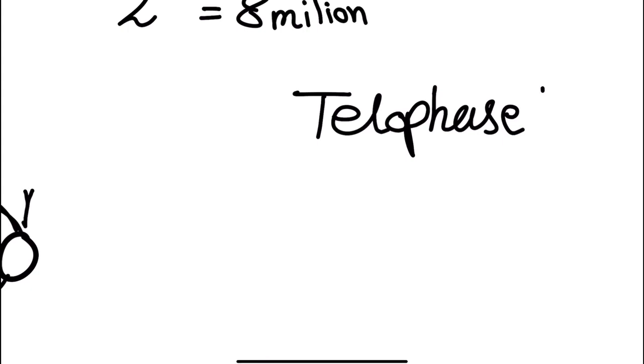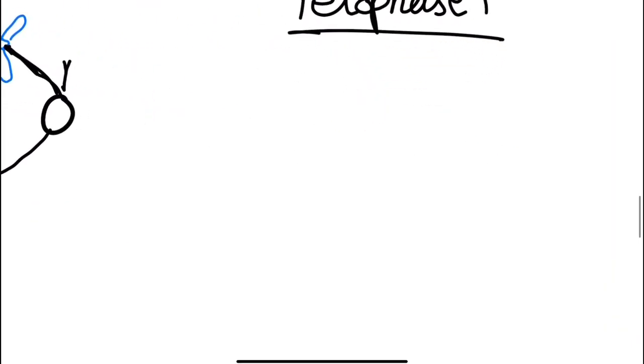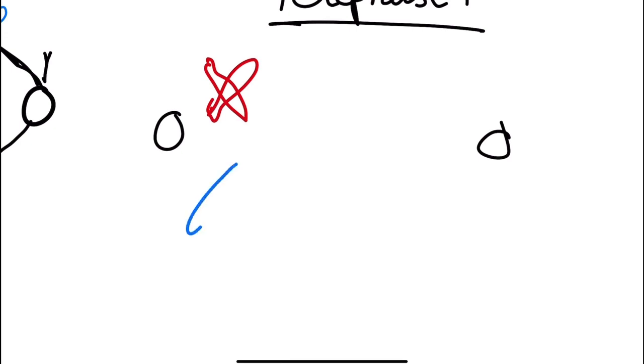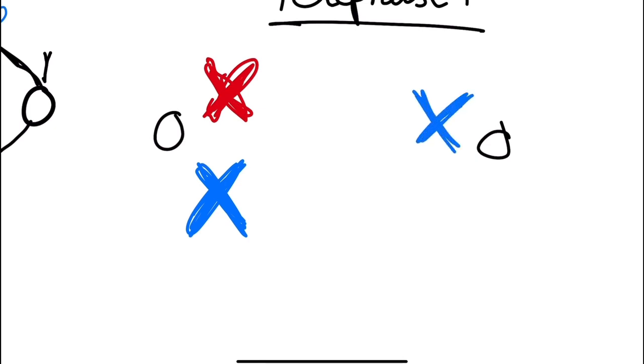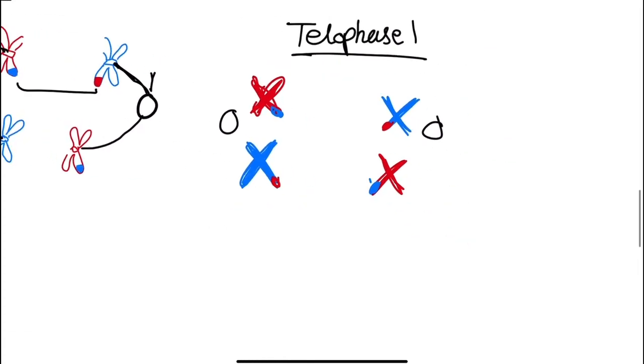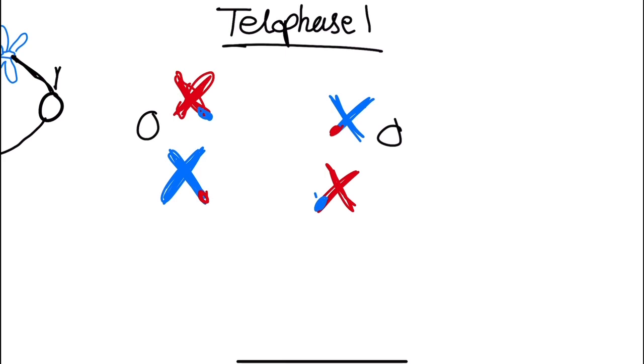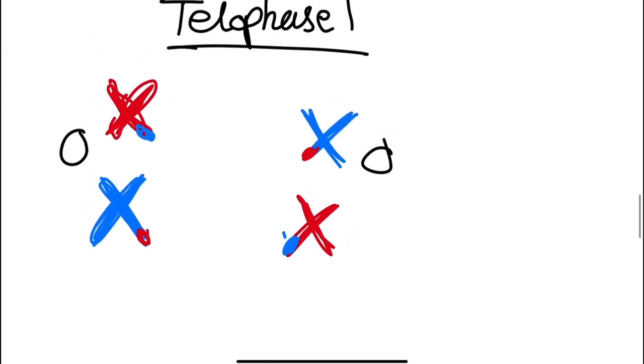Telophase I is basically the stage where chromosomes arrive at the opposite poles, like this, let's say. They arrive at the opposite poles, and in some cases after telophase, the nuclear envelope is going to reform.